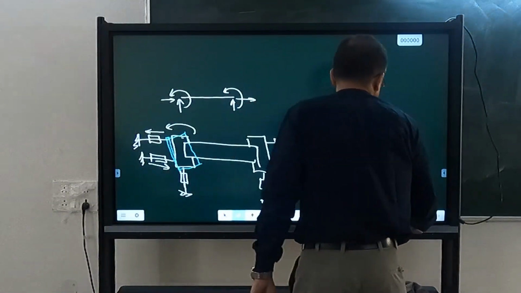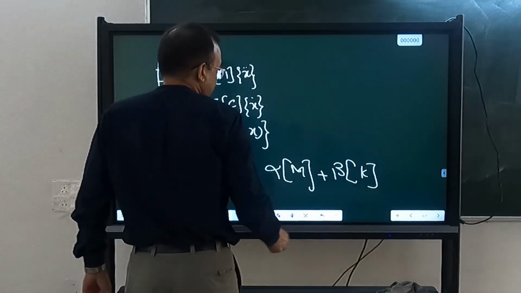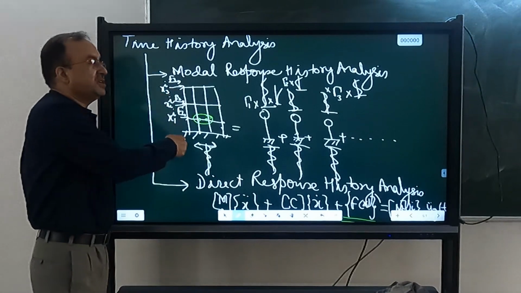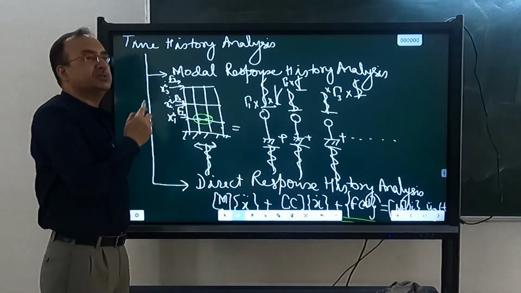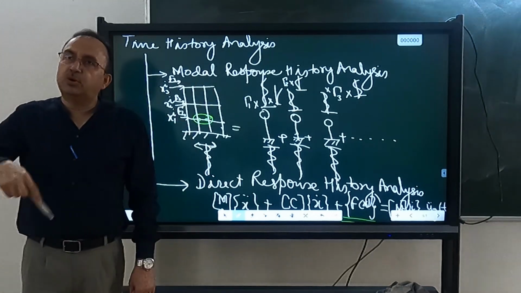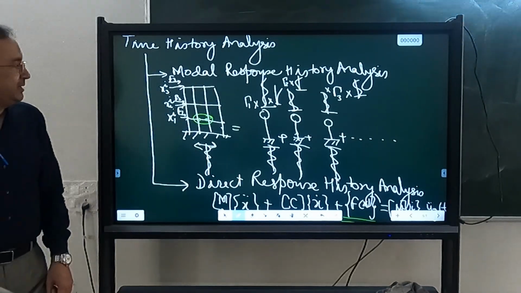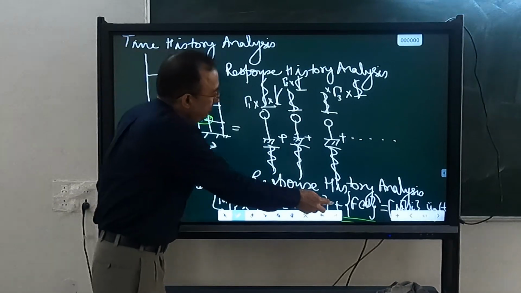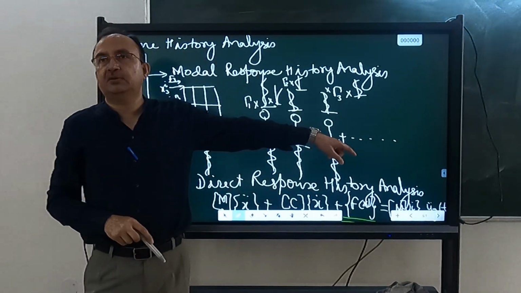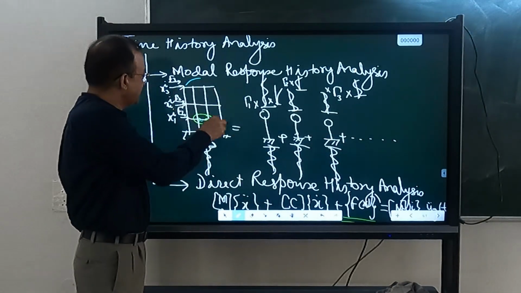So what I will do here, even the full structure I am not testing. I am testing only this much. And the rest of the structure I will model numerically. And only this fx corresponding to it I will take from the experiment. So I have to do substructuring.